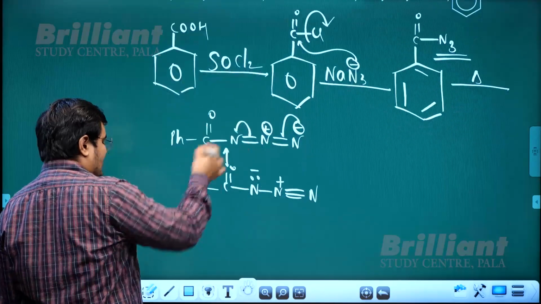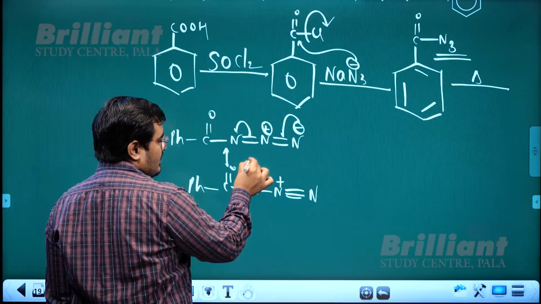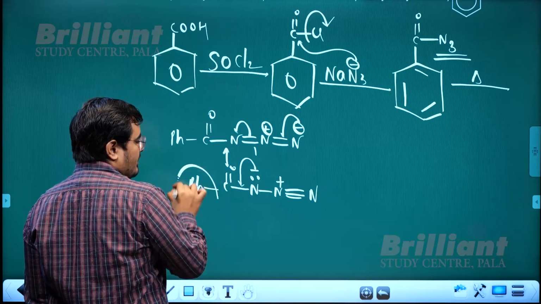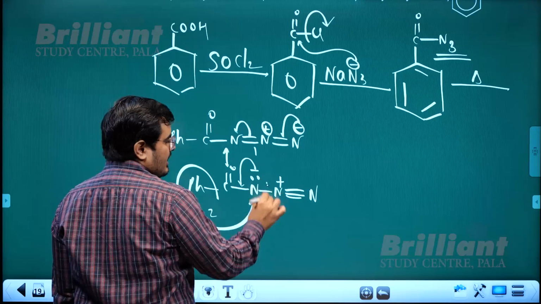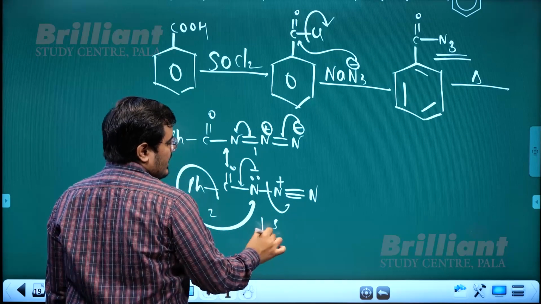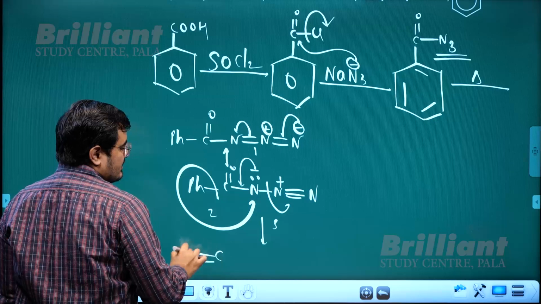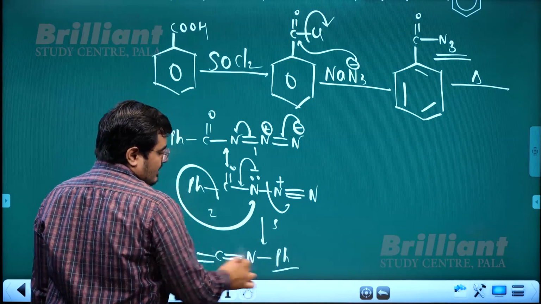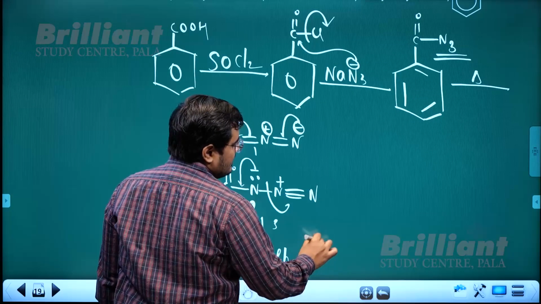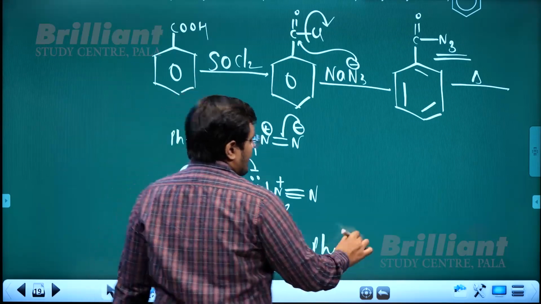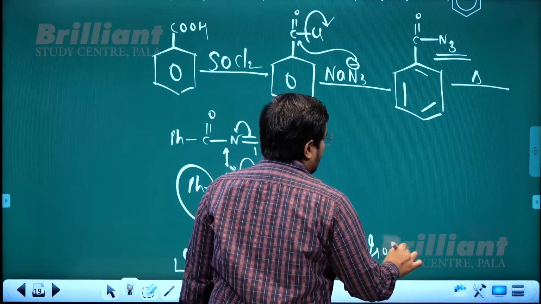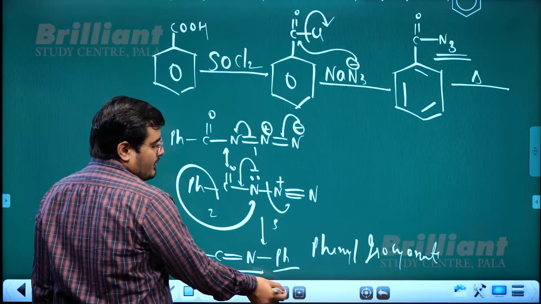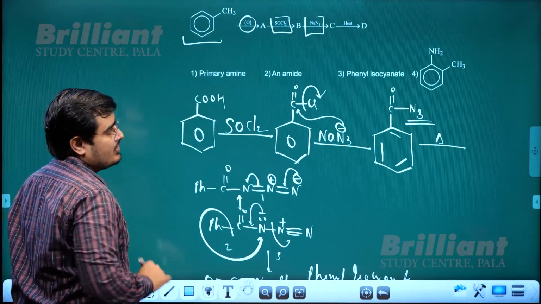Now if you are heating it, these are the things which are happening. So this can donate here, let it be 1. This bond will break, let it be 2, and then nitrogen leaves. So the intermediate that we formed is of this type, which is phenyl, and this group is isocyanate. This intermediate is known as phenyl isocyanate, which on hydrolysis will give you primary amine and carbon dioxide.